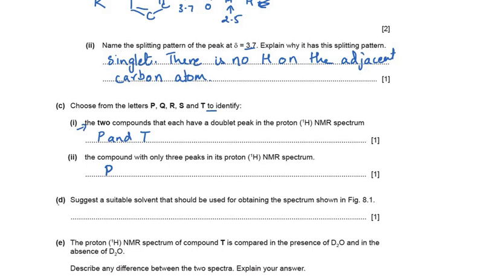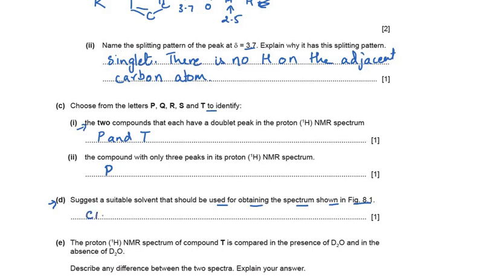In the next D part, suggest a suitable solvent that should be used for obtaining the spectrum shown in figure 8.1. If you talk about a solvent, then the solvent should be neutral, producing no peaks, or a single sharp peak.